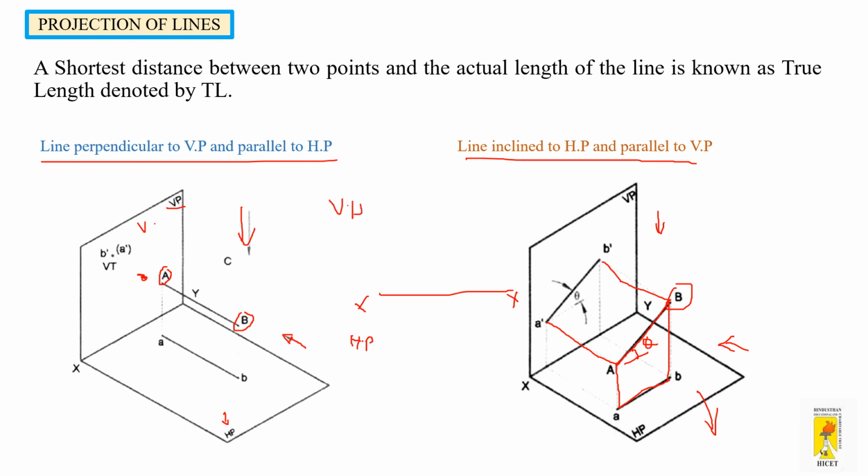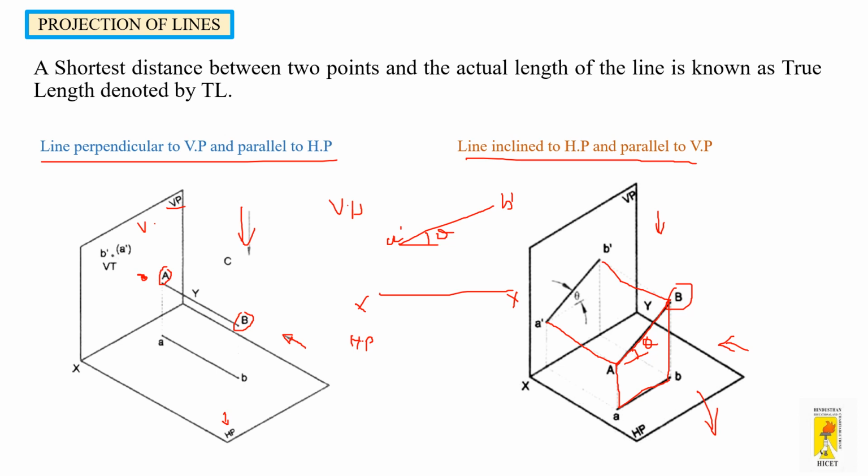And as projected here, the line which is inclined to HP and parallel to VP is projected on VP and HP to get the top view and the front view, and you could see the front view like this with the angle theta, which is inclined to HP, and the front view will be A dash, B dash.